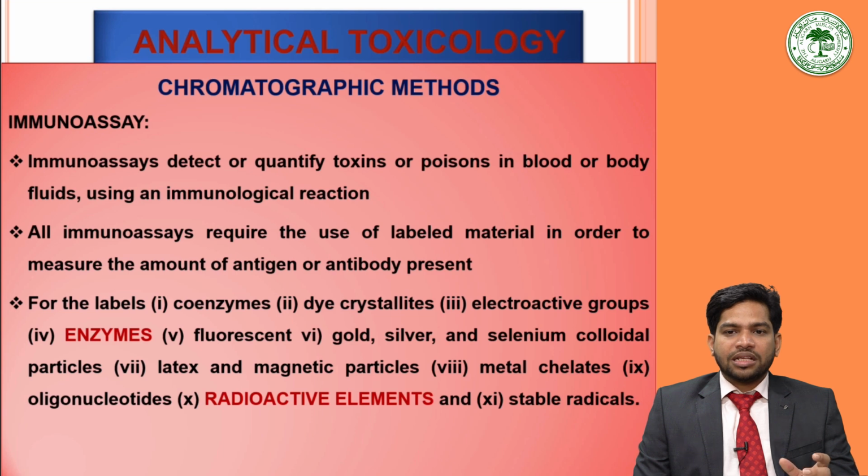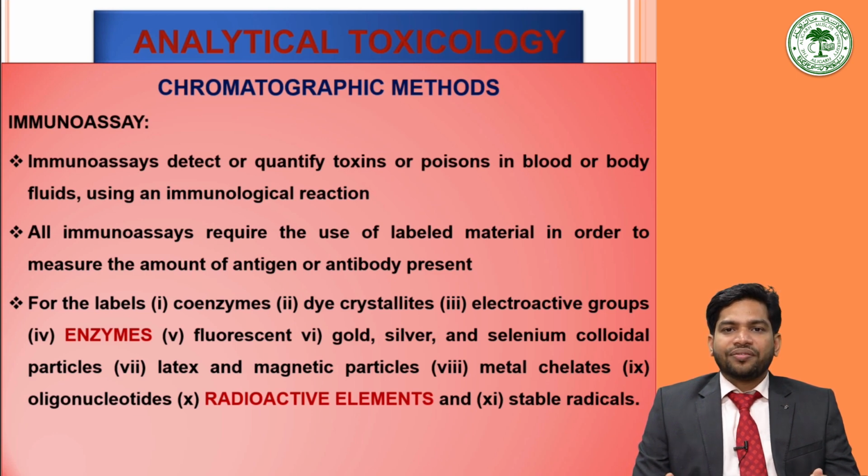An antibody is prepared against the antigen, that is the poison or the drug, to be measured, suitably labeled, and added to the unknown sample. Then the labels should be such that they are able to be detected. So then the antigen-antibody concentration is measured, and that will quantify the amount of this antigen present in the mixture.